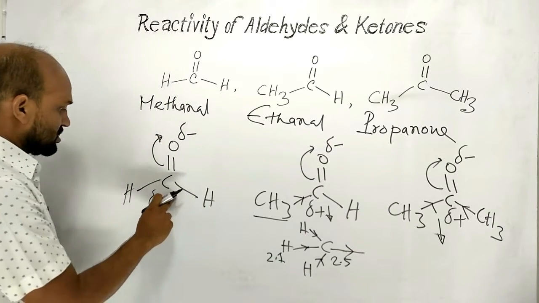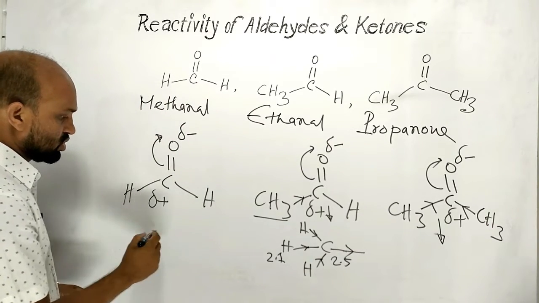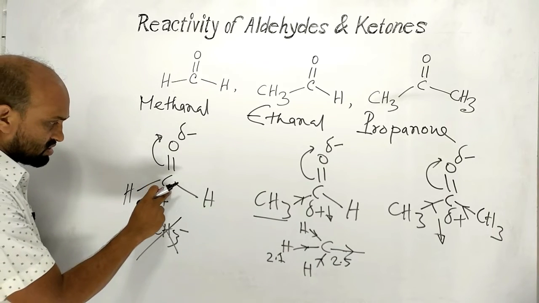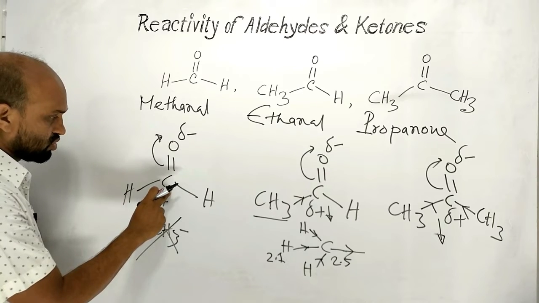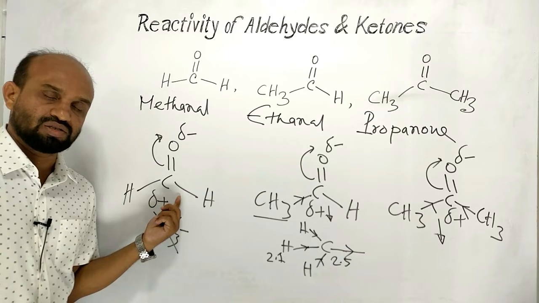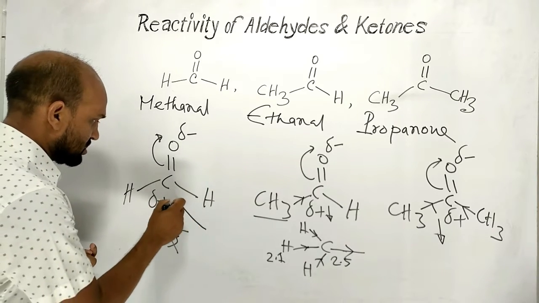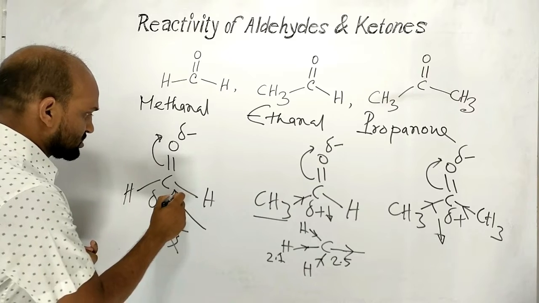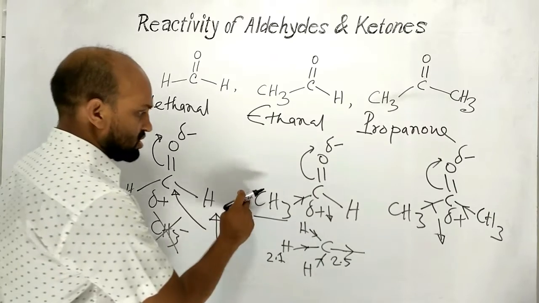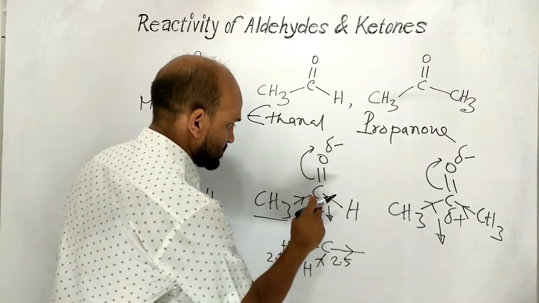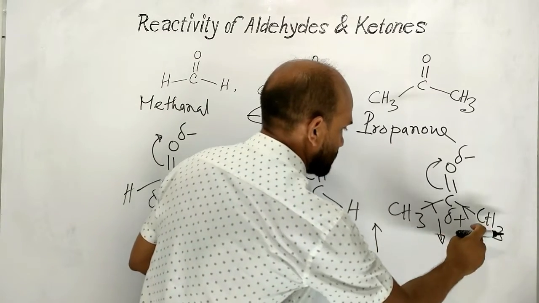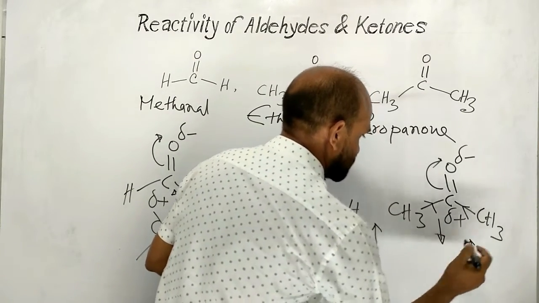But here there are two hydrogen atoms, no methyl groups. That is why in this case positive charge over carbonyl carbon is not decreased. That is, we can say that this is the positively charged carbonyl carbon, charge density is very high. Here one methyl group, its charge density decreases, and here two methyl groups, so charge density decreases more.